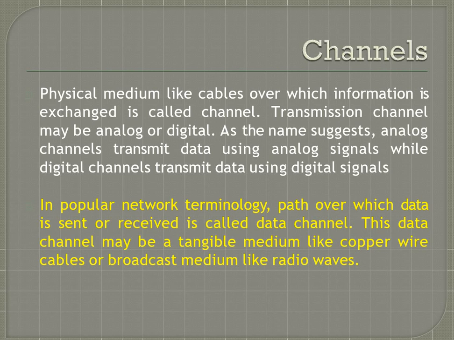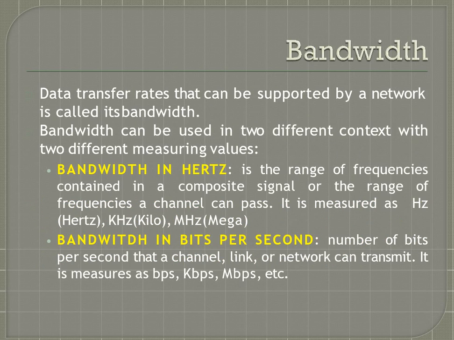This data channel may be a tangible medium like copper wire cables, or a broadcast medium like radio waves. So a channel is nothing but a medium which is used to transfer data from one system to another system, and a transmission channel can be analog or digital.